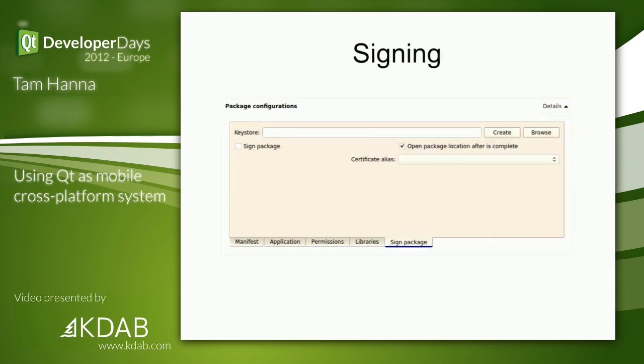And then finally, there is a signing system. Who of you has ever signed an application for Symbian? Good. Signing a Symbian application was an act where the application was provided with trust. So essentially, when a Symbian app was signed, it had more rights than its unsigned brethren. Under Android, this is not the case.